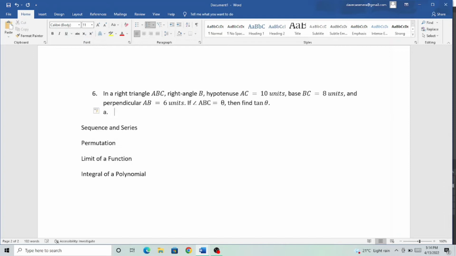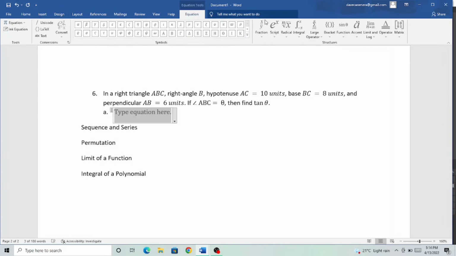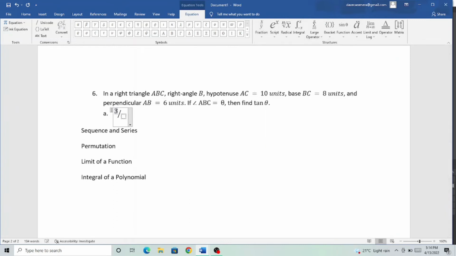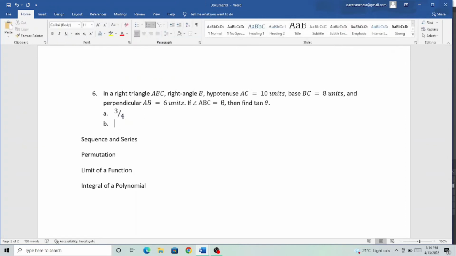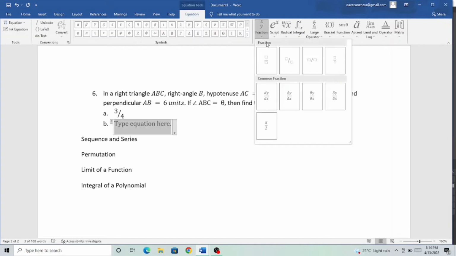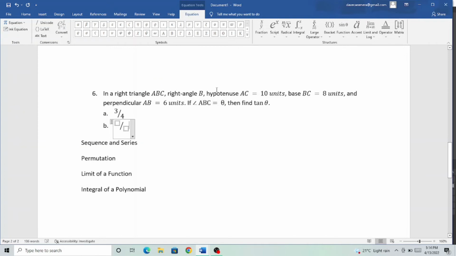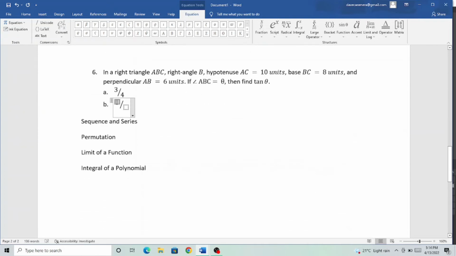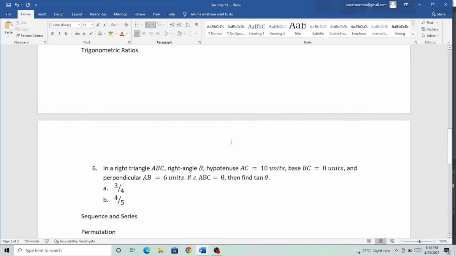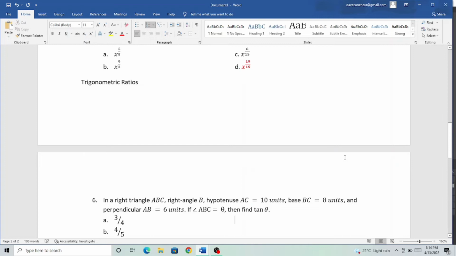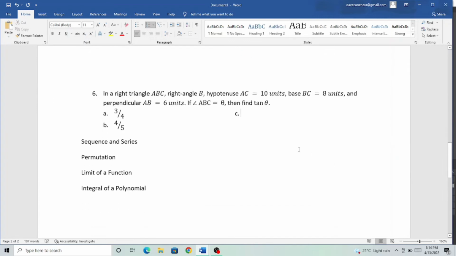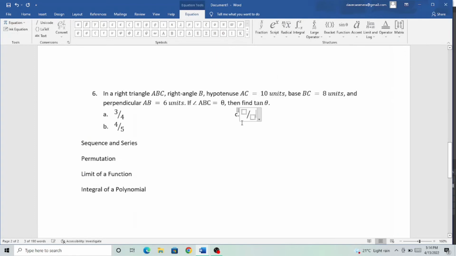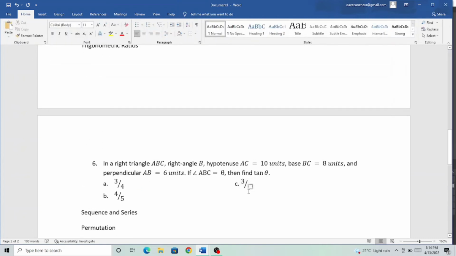So simulating the answers, we have here 3 over 5.